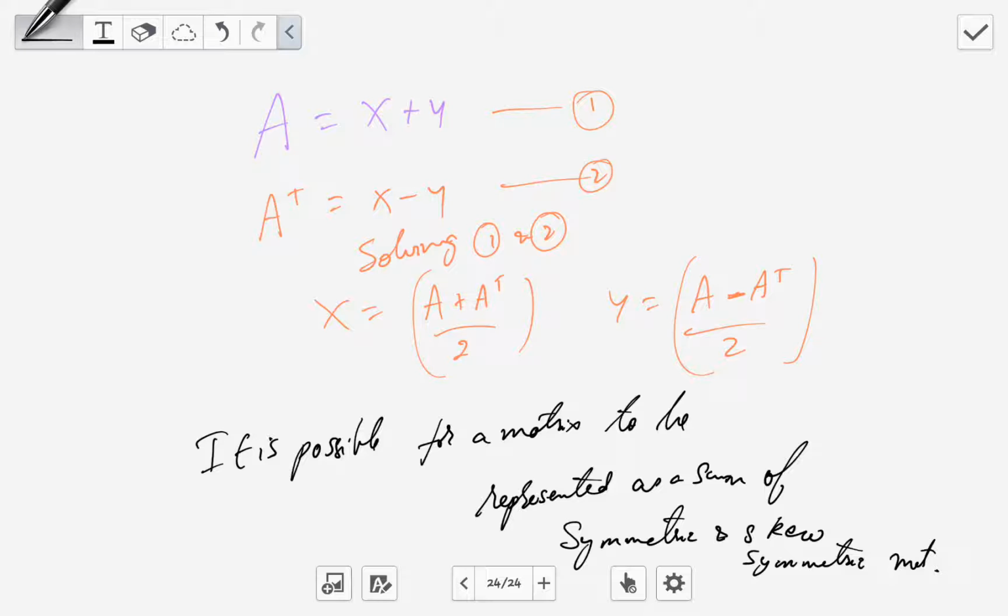Do you get this? You can observe that the x you got is a symmetric matrix and the y you got is a skew symmetric matrix.